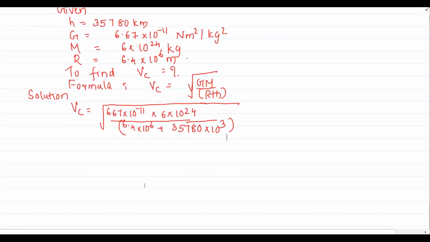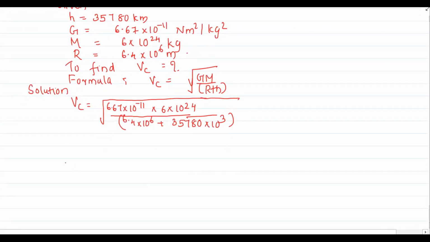Now, on solving this, Vc is equal to 6.67 into 6, and we write the powers together: 24 minus 11 is plus 13, upon the denominator. Here the power is 10 raised to 3 and here it is 10 raised to 6.